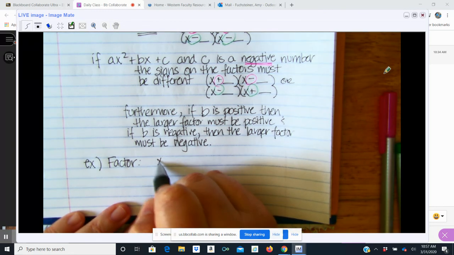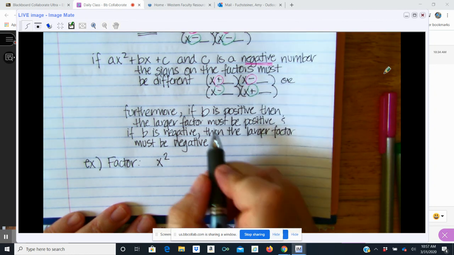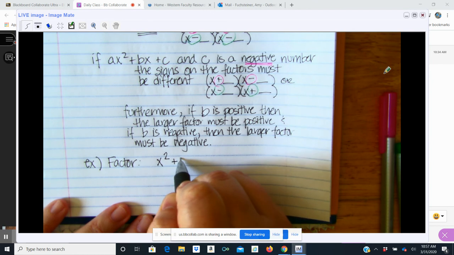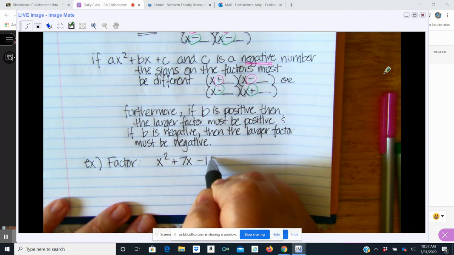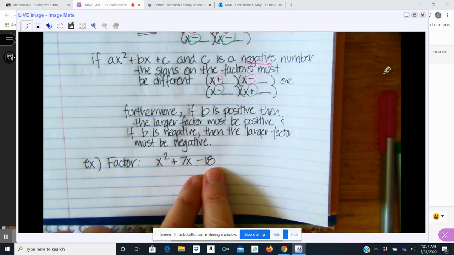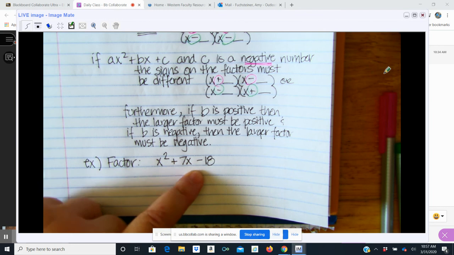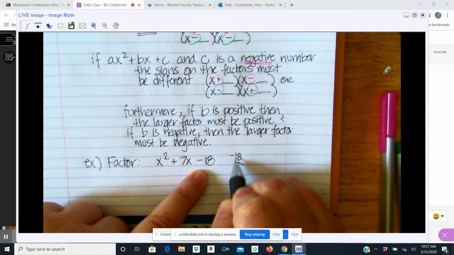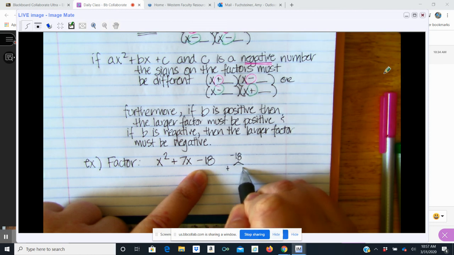Okay. Let me try it with an example, all right? If we had to factor something like x squared plus 7x minus 18. Because this is a minus 18, we know that one of these must be a positive and one of them must be a negative.